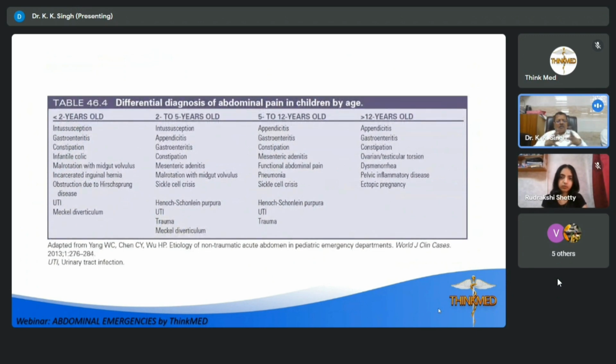Now there is some age distribution also in the causes of this. So intussusception, you can go through the first column and the last column. The last column is the diseases of the adults. The first column is basically the diseases of neonates or children.